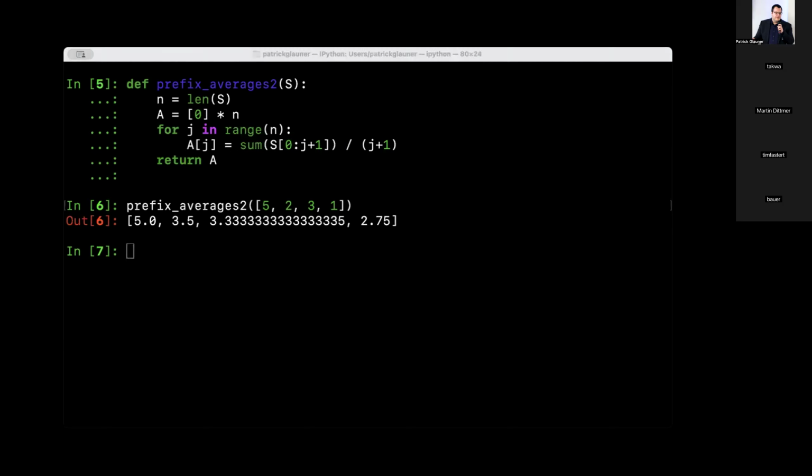What you will notice, if you measure the running time, is that it will probably run a little bit faster than the prefix averages 1 one, because when you don't write your loops but use some built-in Python function, this is implemented in low-level C, and this will tend to run a little bit faster, but it will not come with a better complexity.